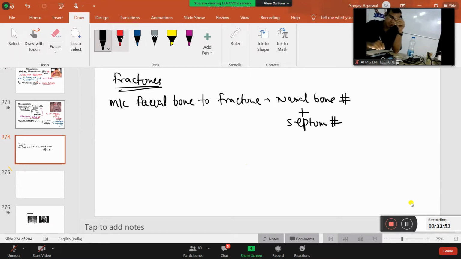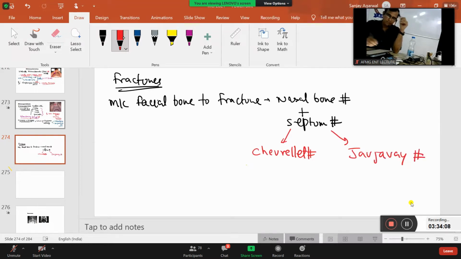Now septal fracture is what they ask you because septal fractures are two types. One is called Chevallet fracture and the other is called Jarjavay fracture. And the difference is this is vertical fracture, this is horizontal fracture.